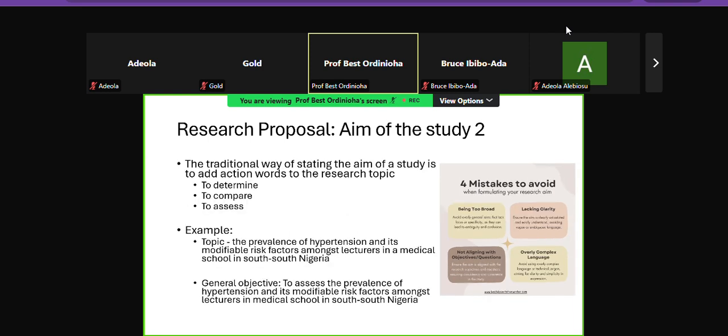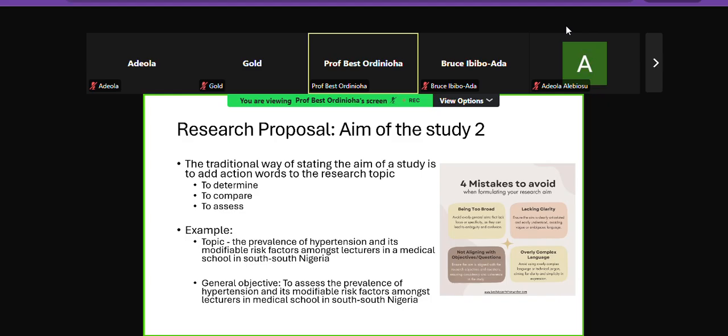Okay. So as we said, the aim is similar to the topic. So you just add to assess, to compare, to determine. Okay, so that is it. It's very easy.